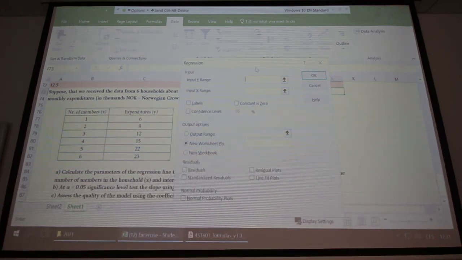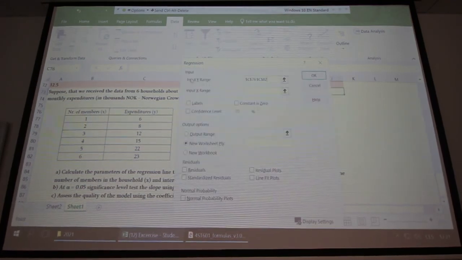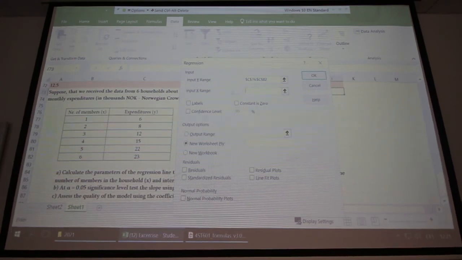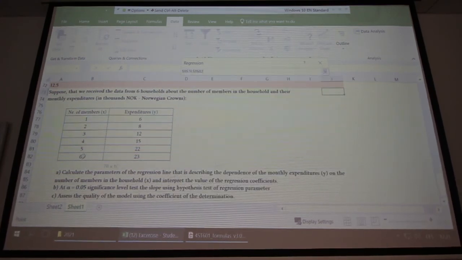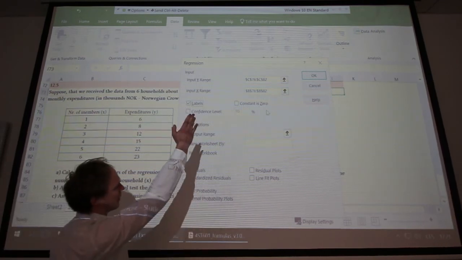Expenditures are values for input y range, input x range, number of members. I selected labels, confidence level 95%, it means that we are using 5% alpha. So please click on OK.